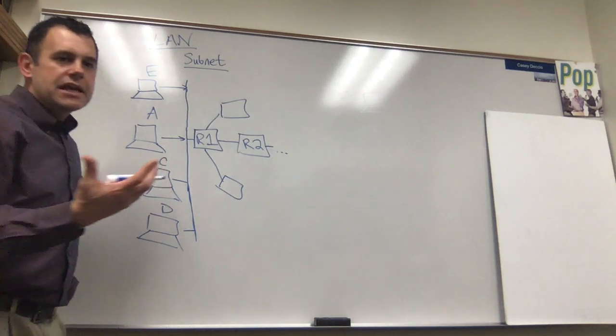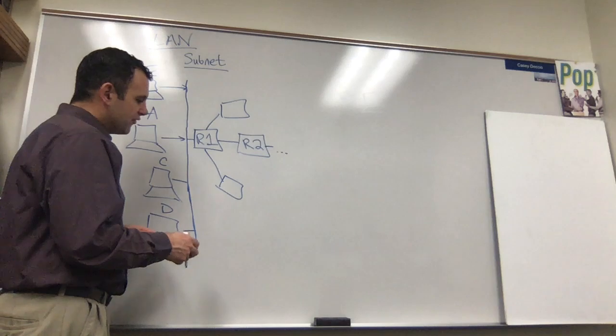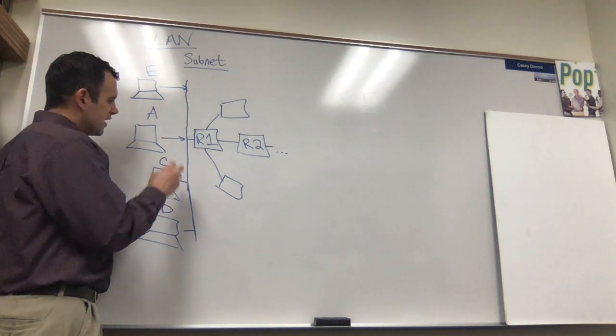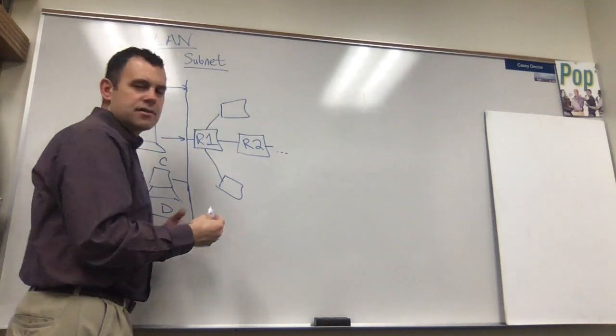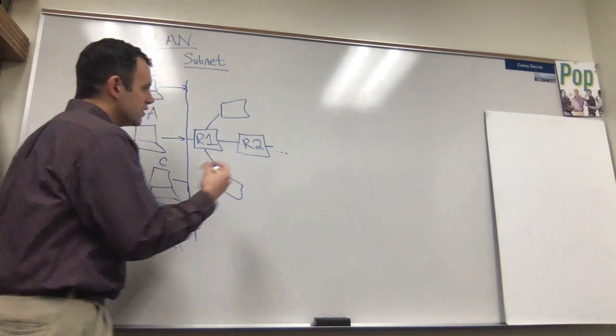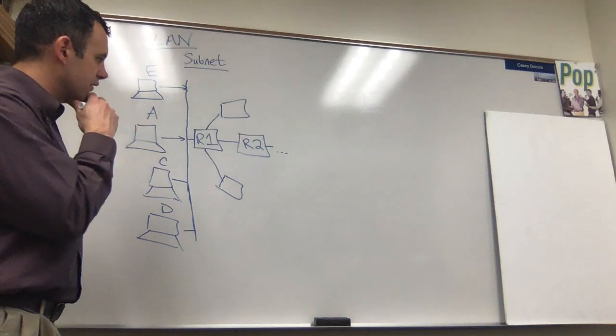For example, if I want to send a packet outside of BYU's network, and I'm currently on BYU's network, then at some point I have to leave BYU's boundaries and go into some other location.